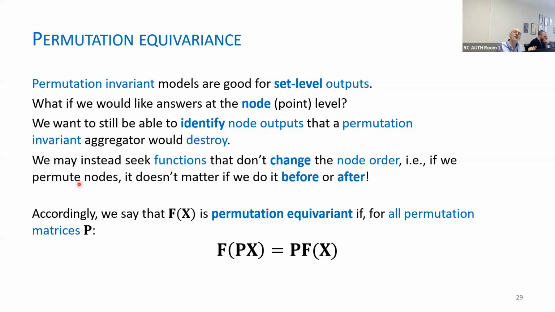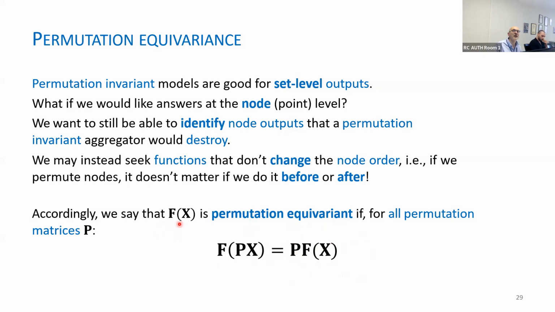So actually, we seek functions that do not change the node order, as in the bottom part of the figure. If we apply a permutation to the input, the result should be the same as if we apply the permutation to the output of this function. So we apply the permutation and we permute the output in the same way.